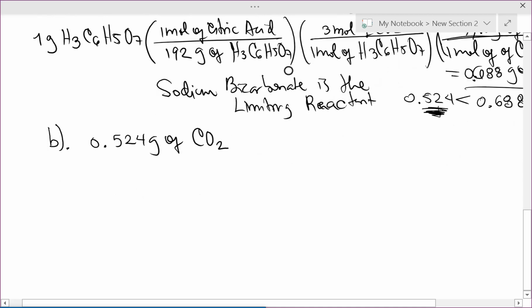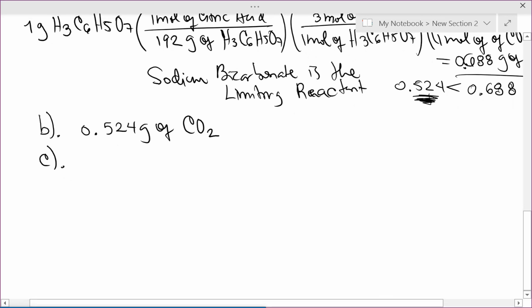I don't know why. Okay, so the last part, we need to solve for the amount of the citric acid based on the amount of the limiting reactant that we got at the beginning.